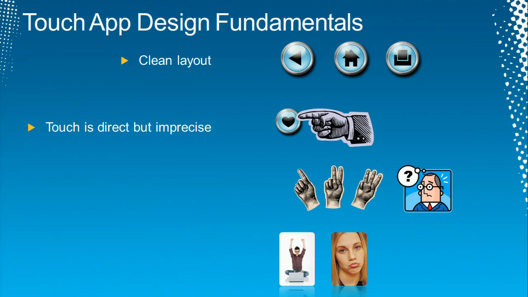Next, what I want to talk about is the size of your finger. If you think about the size of your finger, it's much bigger than a mouse pointer, right? So you need to think about that when you design. You want to have nice big buttons. Even if you can't have a big button because of your UI, you want to have the touch area at least be big.